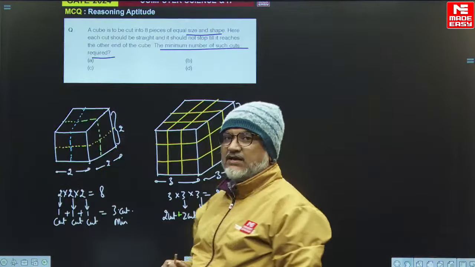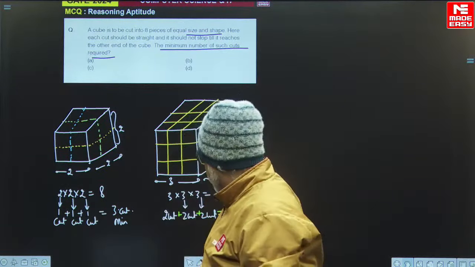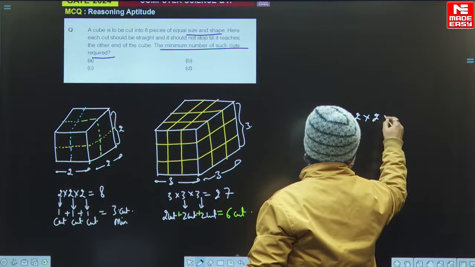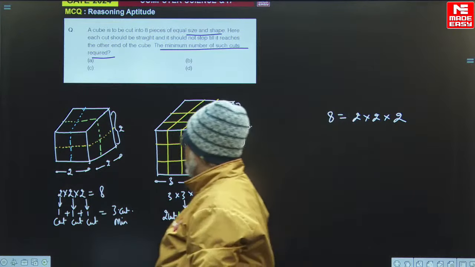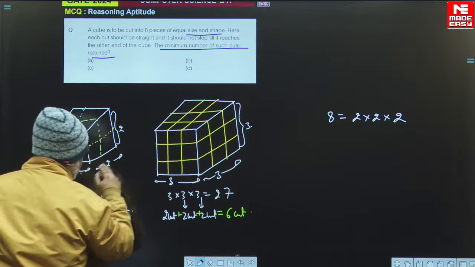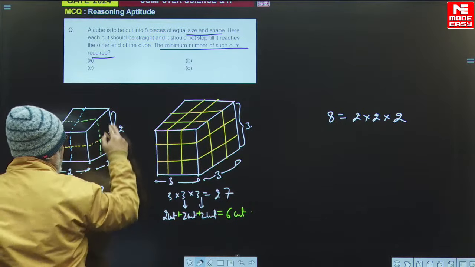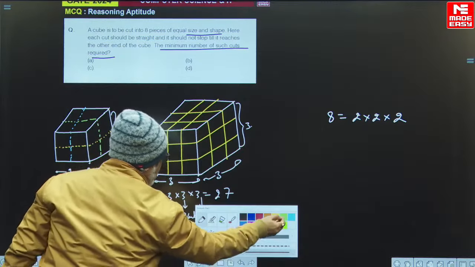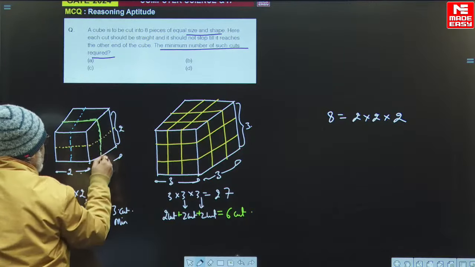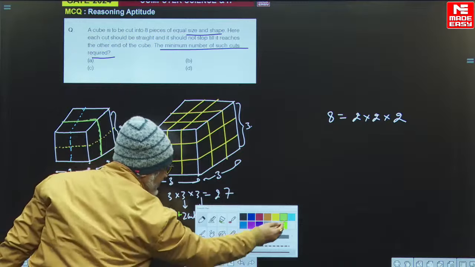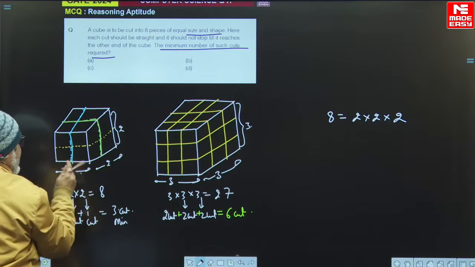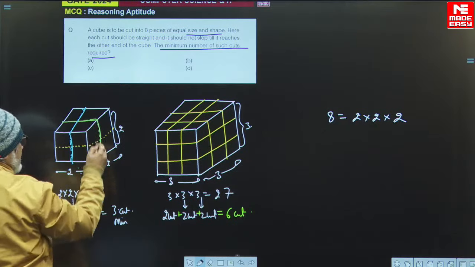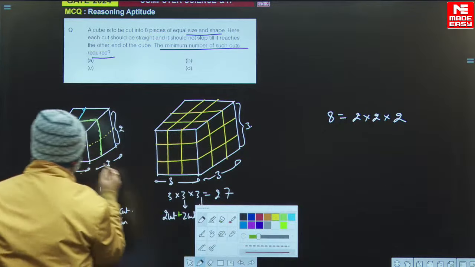Now please see here, because we are getting 8, possibly the easiest way we can write it is 2 into 2 into 2. That means length has to be divided into 2 parts, width into 2 parts, and height as well into 2 equal parts. So what did we do here? We divided the length into 2 parts. With the blue line, length has been divided into 2 parts, the green line divides the width into 2 parts, and the height has been divided into 2 parts through the yellow line.